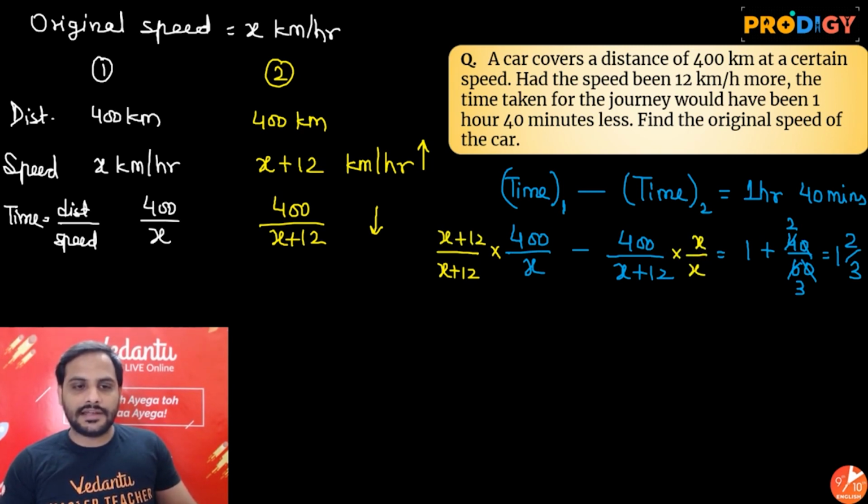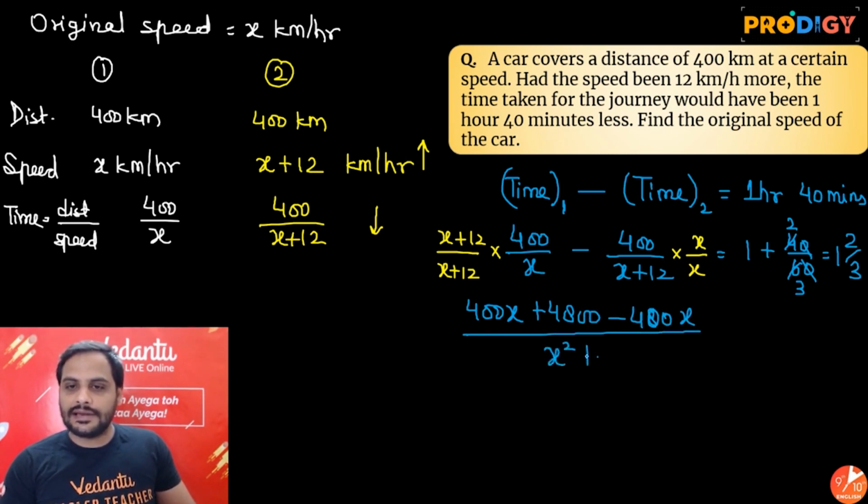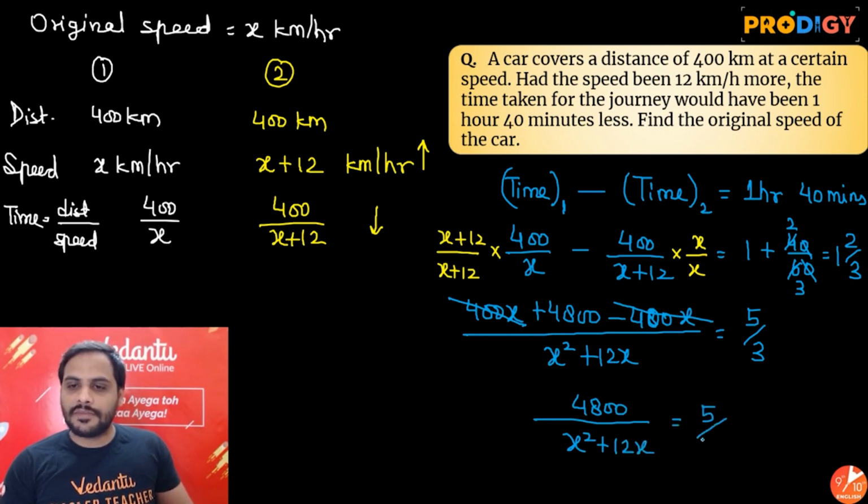So what are we getting, guys? 400 into x is 400x. 12 into 400 is 4800, minus 400x, divided by x into x plus 12, which is x square plus 12x, is equal to 3 ones are 3 plus 2, 5 by 3. Yes or no? 400x minus 400x got cancelled. So 4800 upon x square plus 12x is equal to 5 by 3.